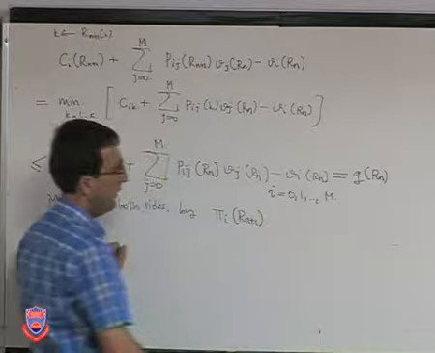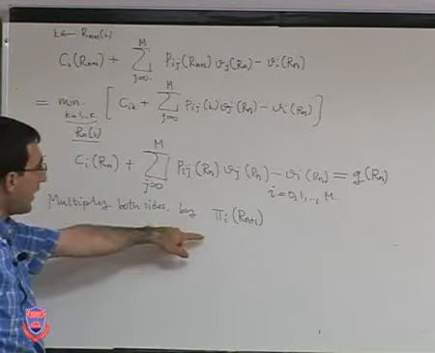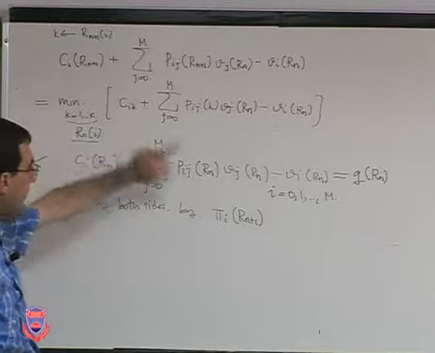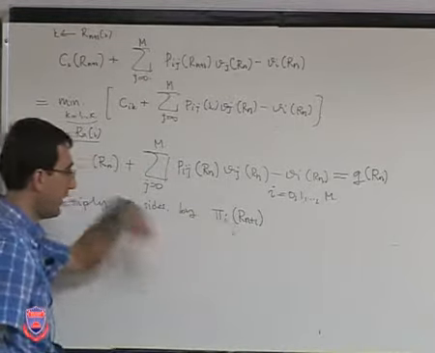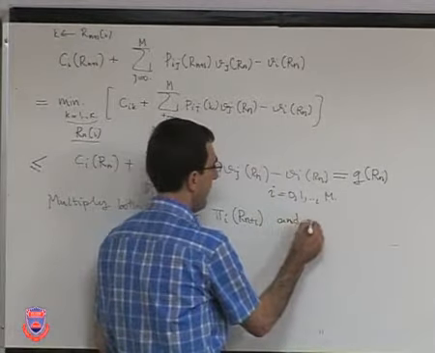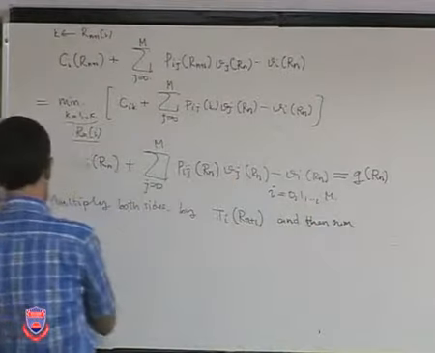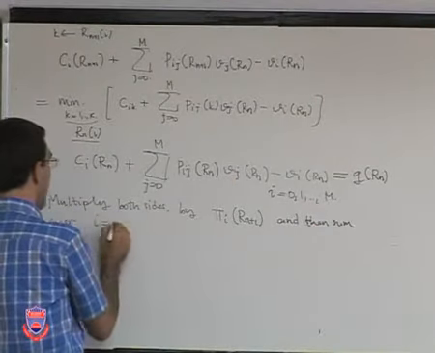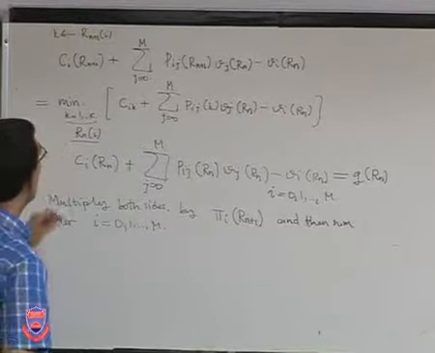I have one equation for each state I, so I multiply each of them with the corresponding stationary probability under the new policy Rn plus 1, and then sum over I, as I changes between 0 and m. Okay, what do we get?